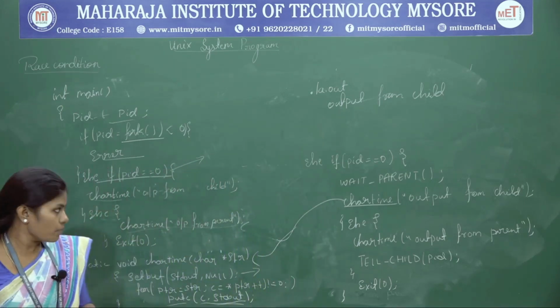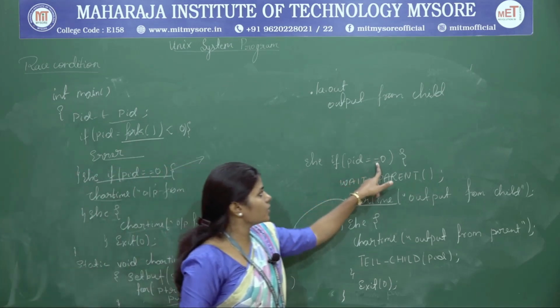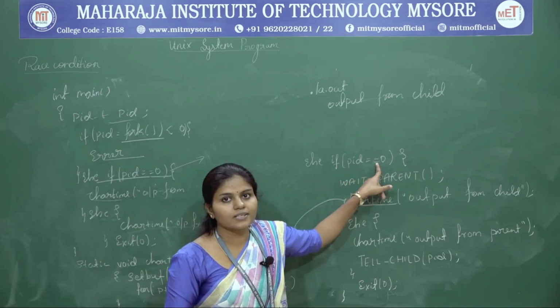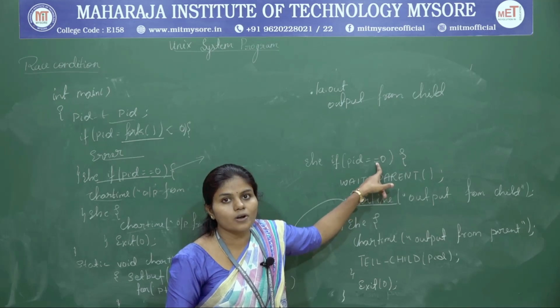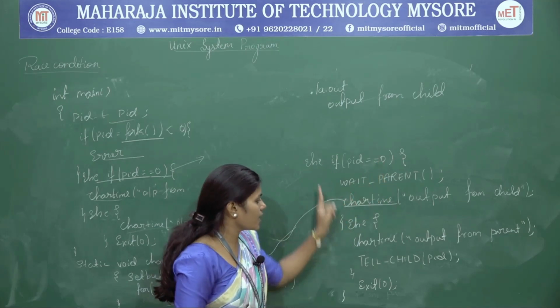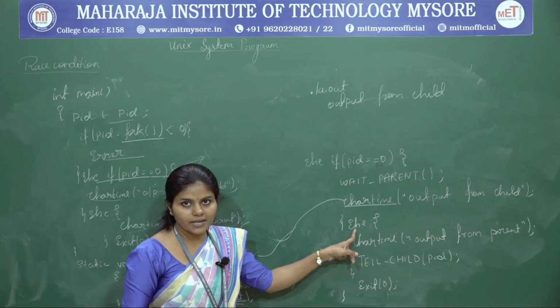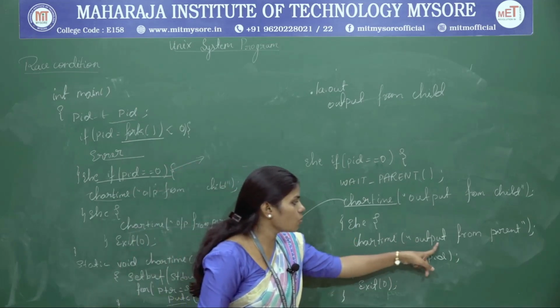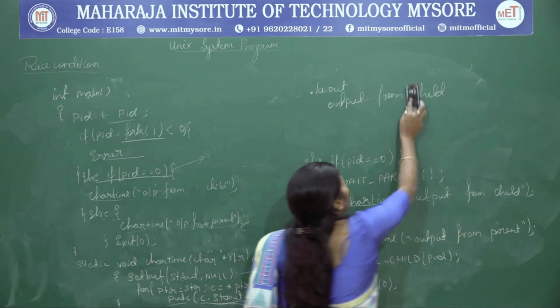Now suppose, for example, the PID is less than 0, which means that the child process is not able to be created. In that case it will go to the else part, and then it is going to display output from the parent.